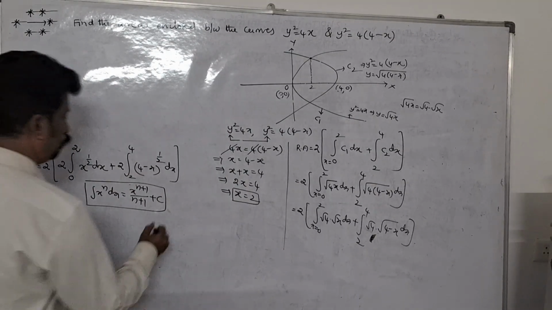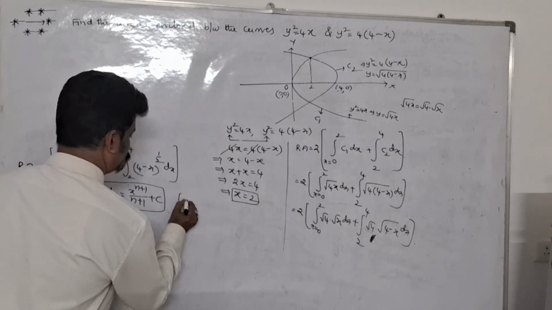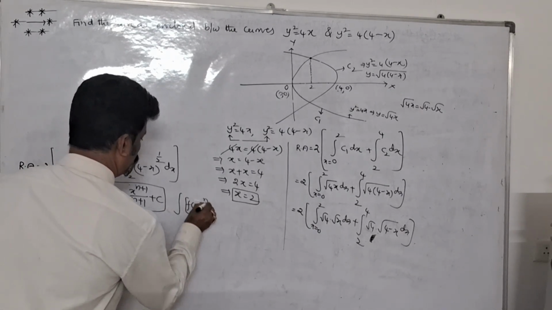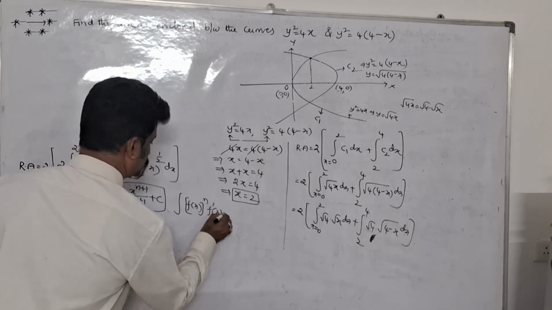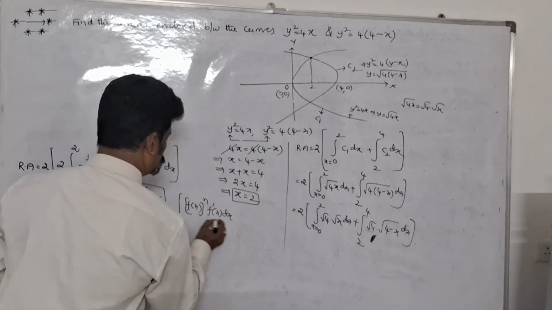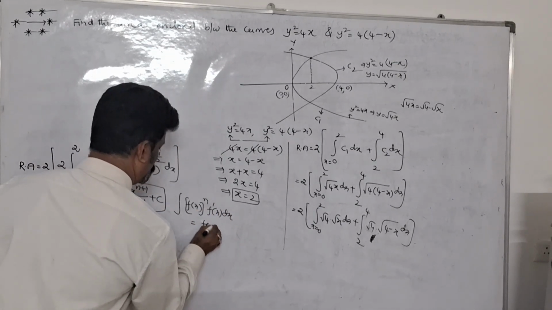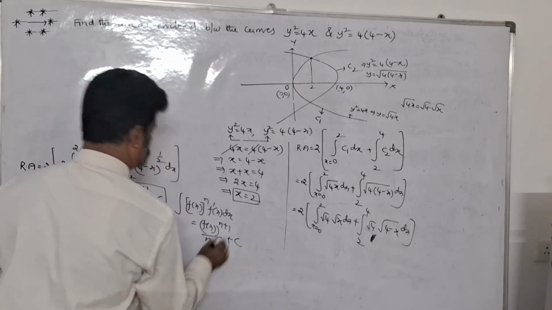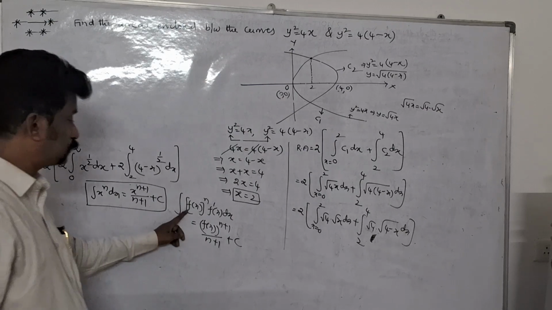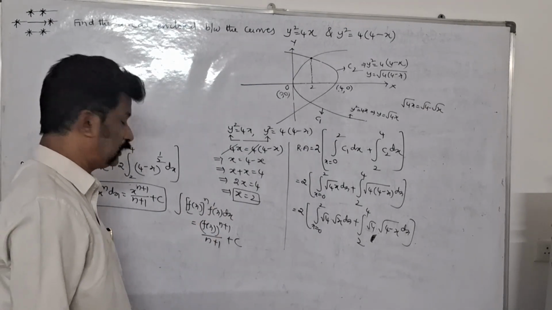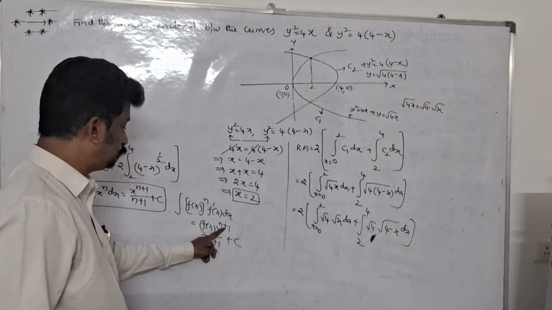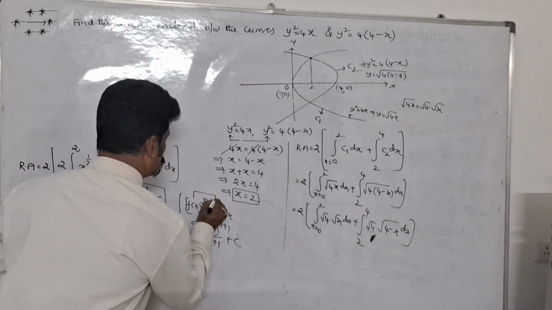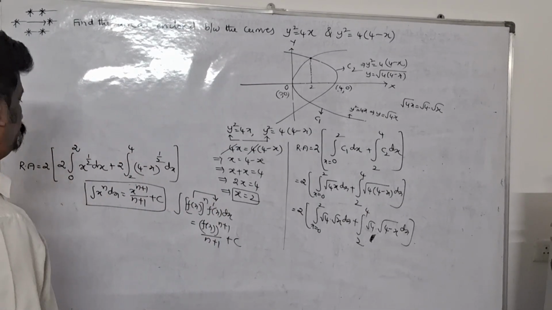And one more formula: integration f of x whole to the power of n into f dash of x into dx is equal to f of x whole to the power of n plus 1 by n plus 1 plus c. So the derivative of f of x is equal to how much? f dash of x.